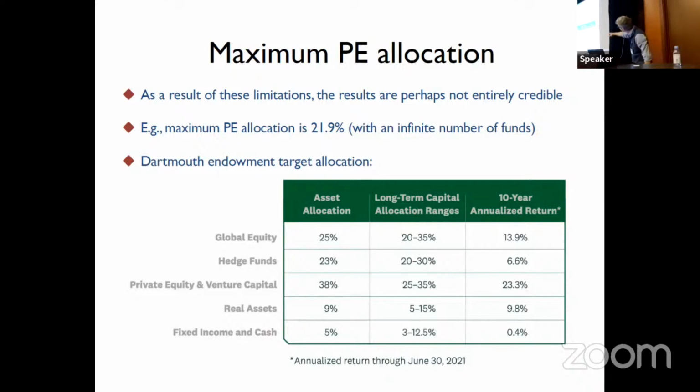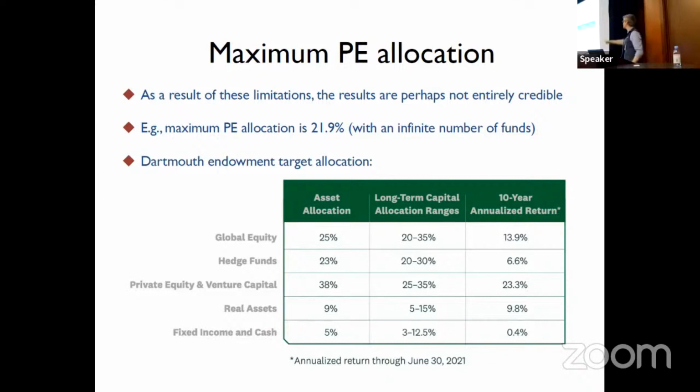If you look at the numbers here, what we are allocating to illiquid assets, venture capital and private equity, is 1.5 times as much as we are allocating to global equity. This is a large part of the portfolios. This is dominating the portfolios. And if you look at the right-hand column, these are 10-year annualized returns.